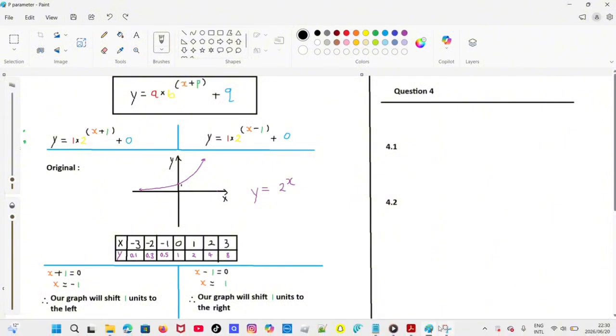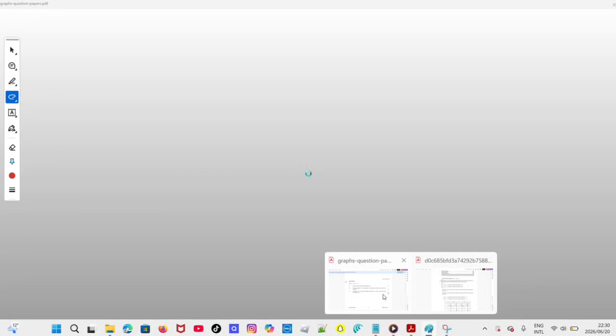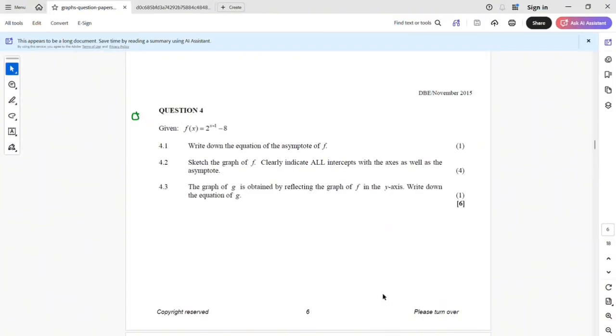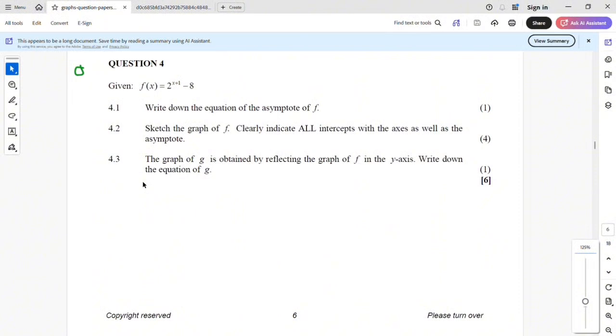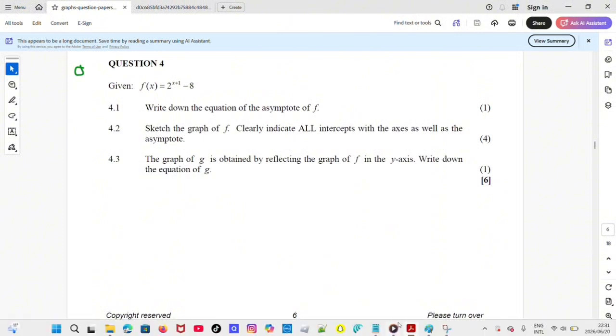Anyway, now let's tackle a past paper and see how this can be tested. So there, we're given an equation of an exponential function, 2 to the power of x plus 1, minus 8. Immediately, it's easy to know that this graph has shifted 1 unit to the left.